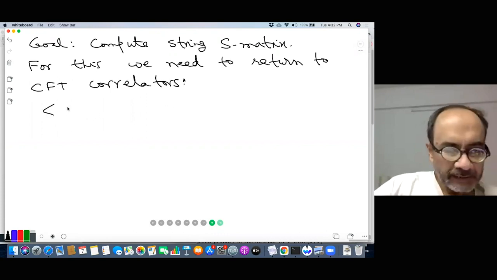Now, if you recall, you had introduced this notation for the CFT correlator.